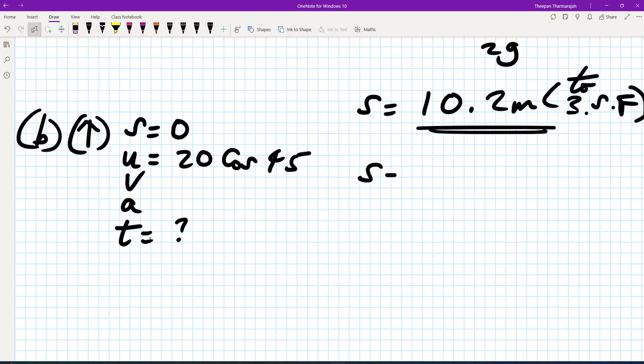So we can say S equals ut plus a half at squared.